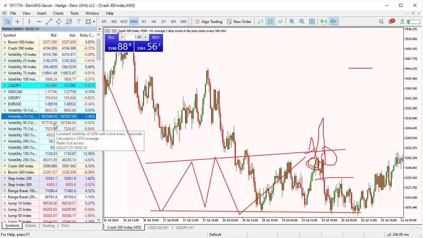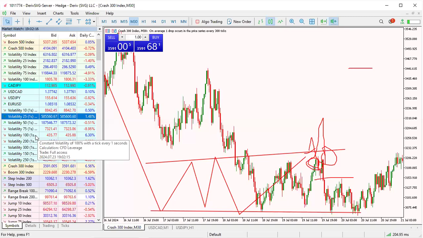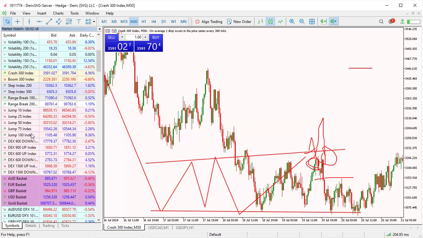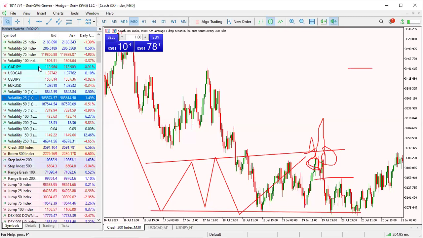With the volatilities, we have to pay attention. For example, we have the normal Volatility 75, where is it? Here. And then we have Volatility 75 (1s) in brackets. When we are giving signals, you have to pay attention to whether it's Volatility 75 or 75 (1s).